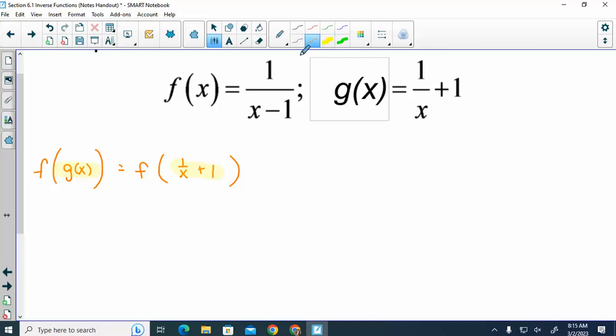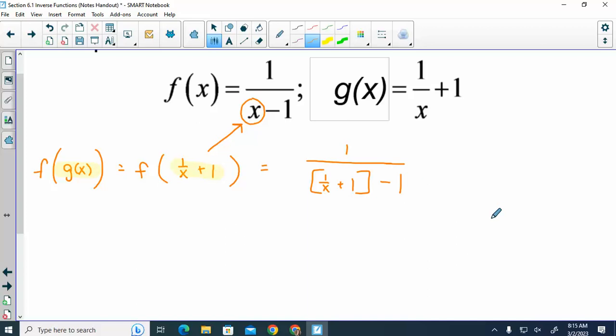So I'm taking that and plugging it into f. So you're going to your f and you're just going to replace that x with the 1 over x plus 1. So we get 1 over, instead of x, I have 1 over x plus 1. And then there was a minus 1.